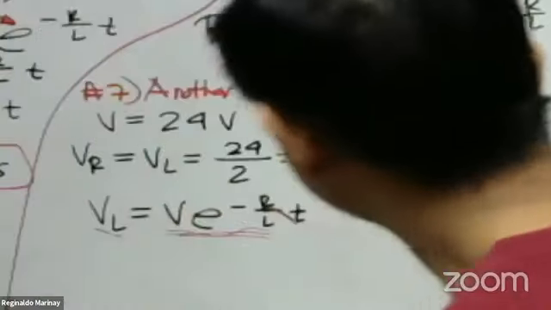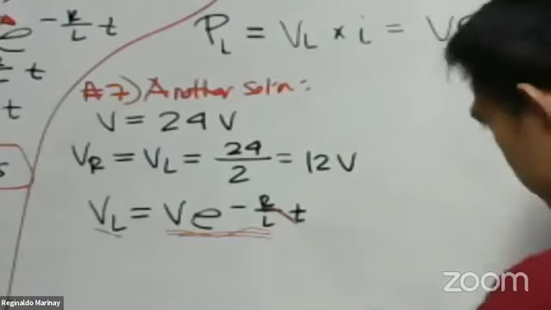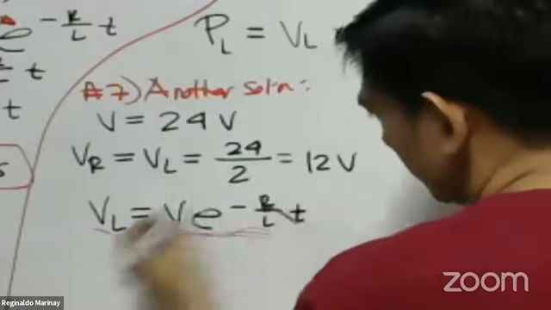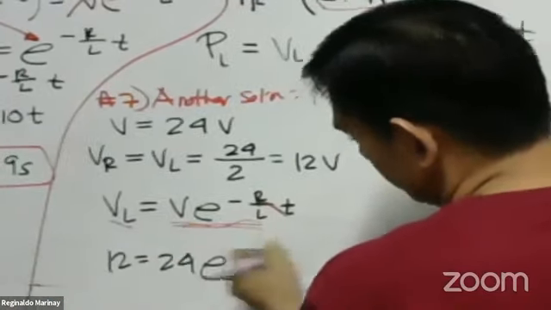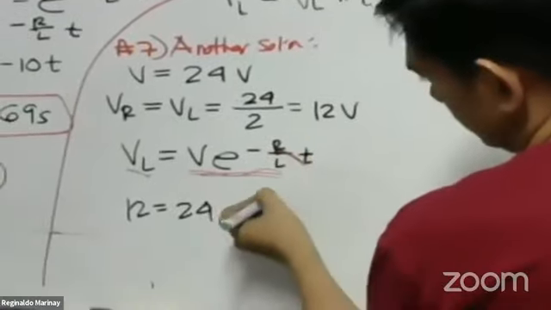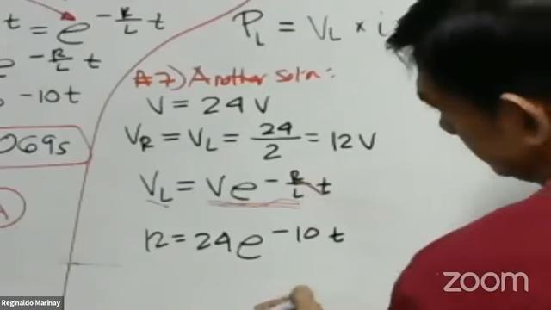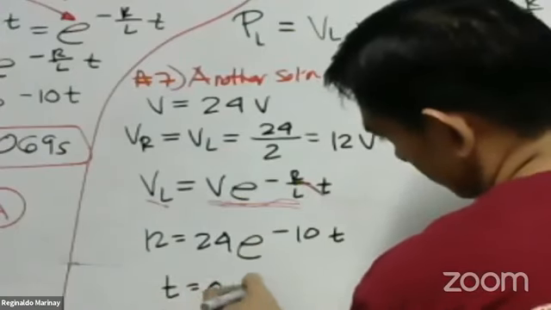Okay. So, what do we have here in our equation? We have here our BL that is equal to 12. That is equal to 24 e raised to negative, what is our R equal to, 10t. Shift solve, guys. Will it give the same answer as before? 0.069.